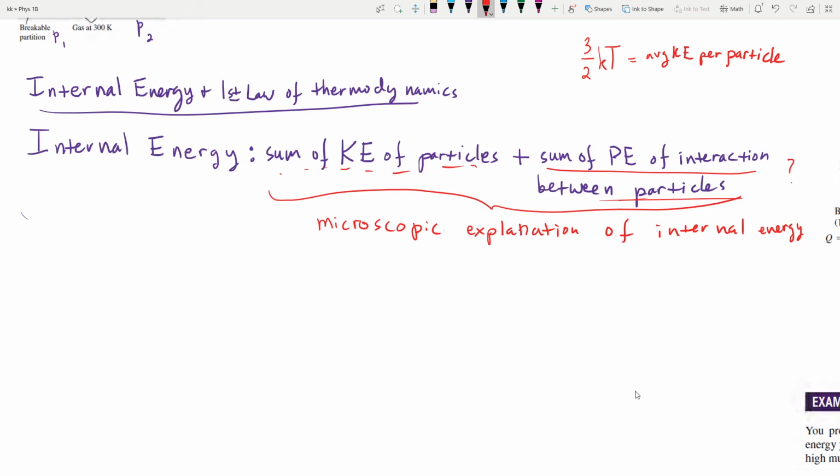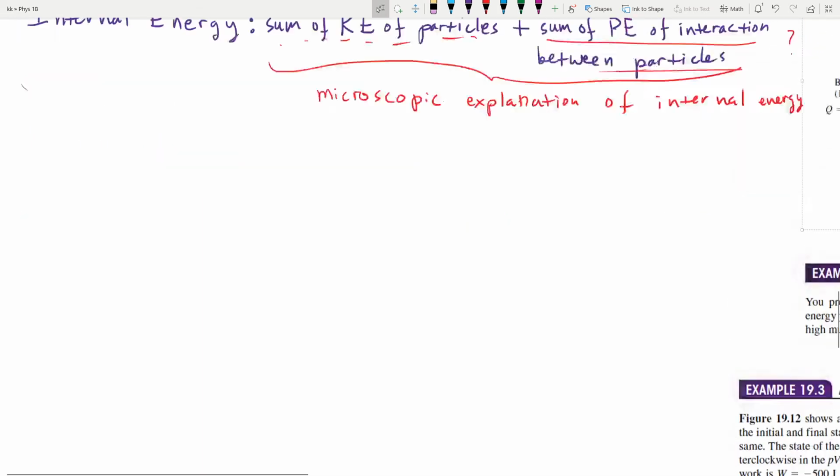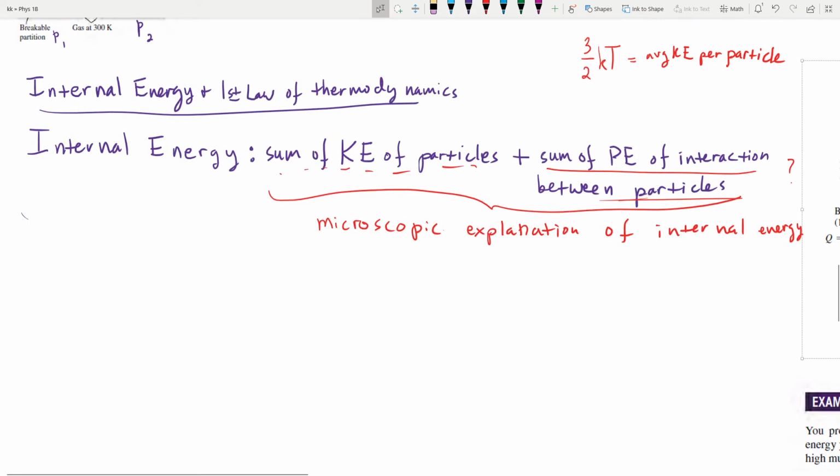The energy contained within the gas, right? It's a microscopic explanation of what's going on. So we want to come up with a better way to describe this or to measure this, right?